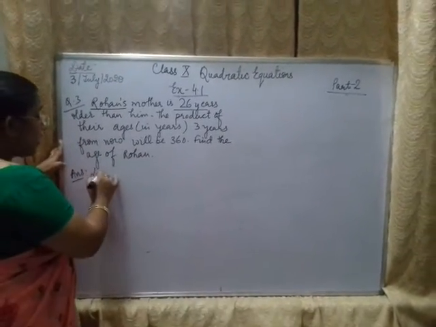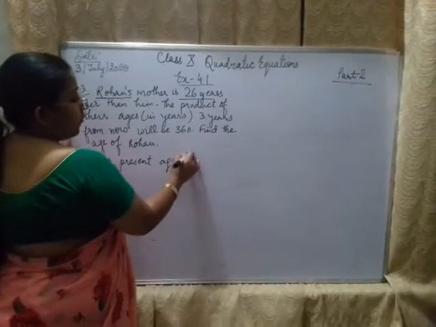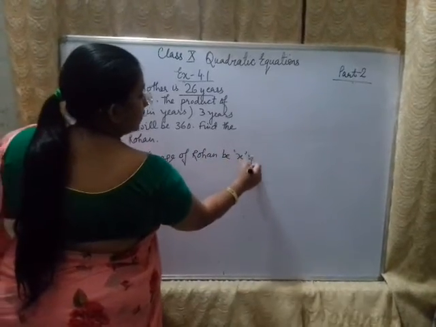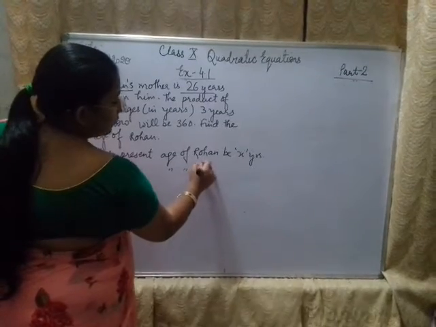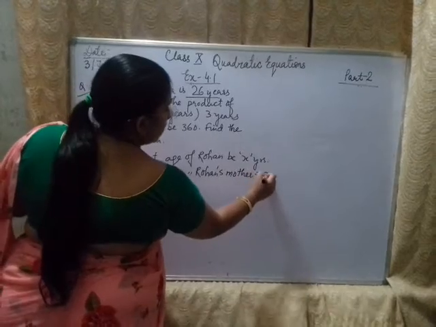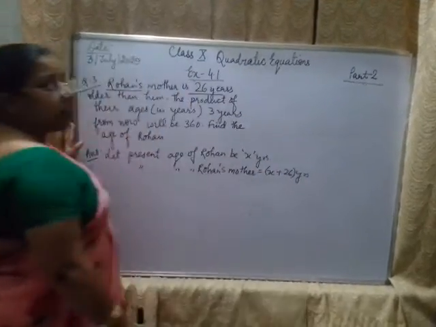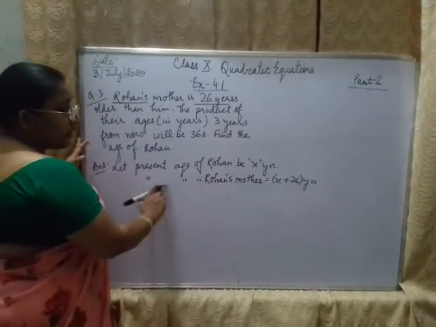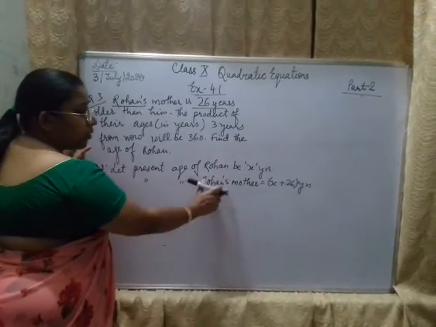So we let the present age of Rohan be x years. So the present age of Rohan's mother will be x plus 26 years. And always don't forget to write the units with the numeric values. I am writing like this with inverted commas, don't copy me. You have to write the full present age of Rohan's mother.